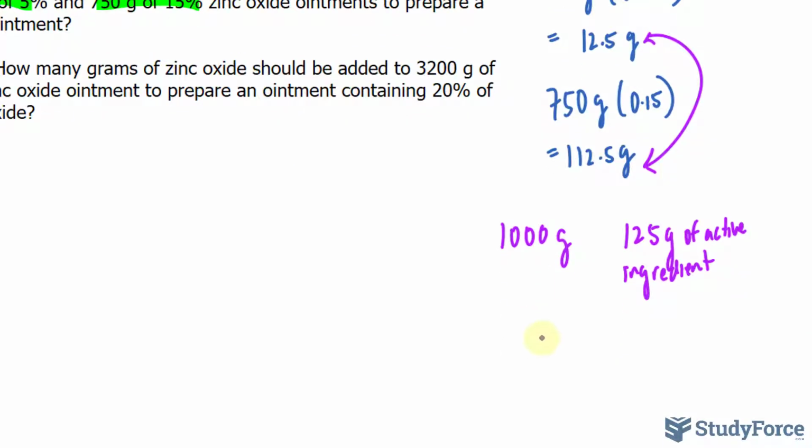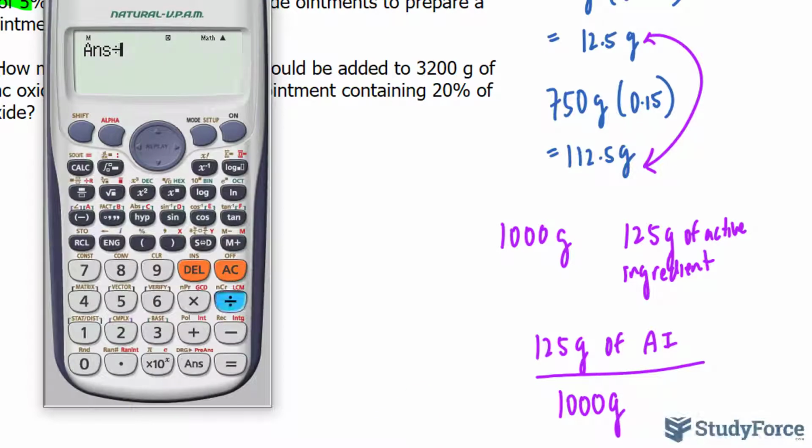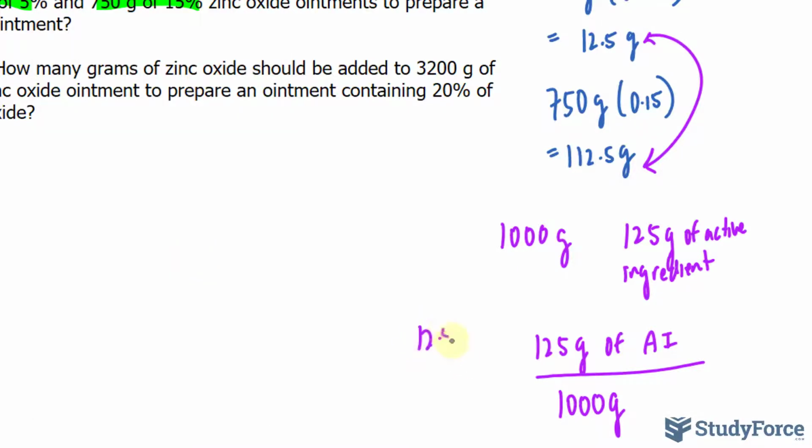And the percentage can be found by taking 125 grams of active ingredient and dividing by the total mass being 1,000 grams. So this divided by 1,000 makes 1 over 8 or 0.125, and I'll multiply this by 100% to get 12.5%. So what you can do moving forward is just assume that you have a mixture that's 1,000 grams and 12.5% of it is active ingredient.